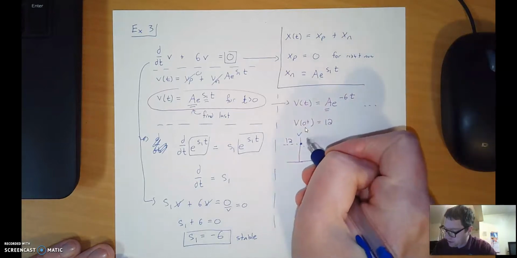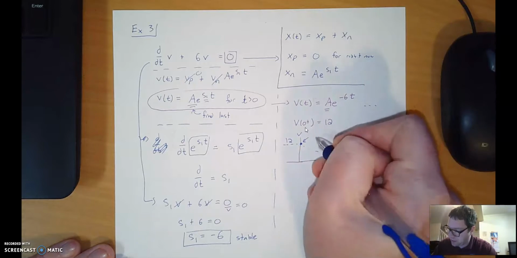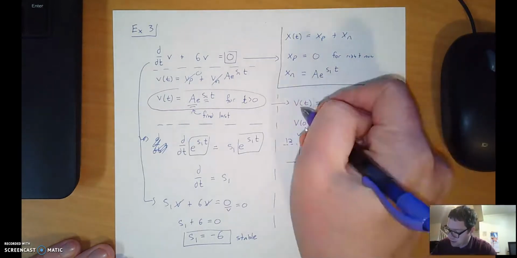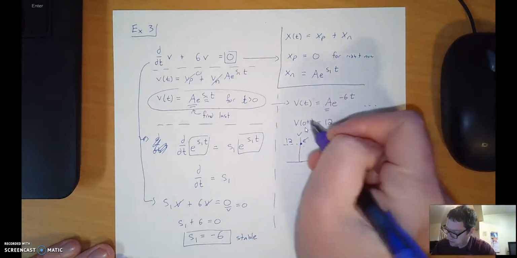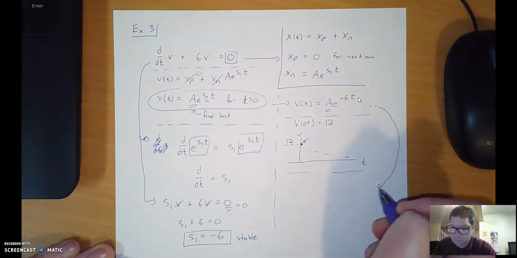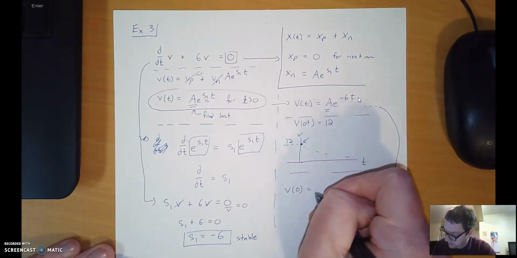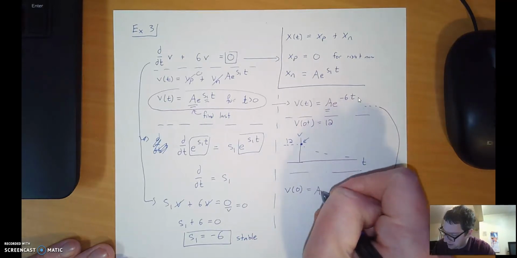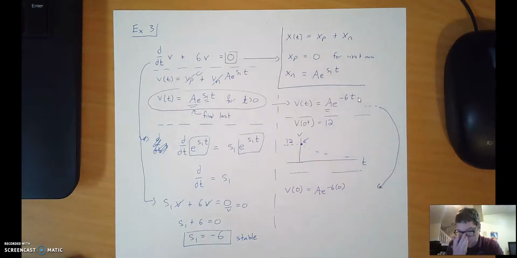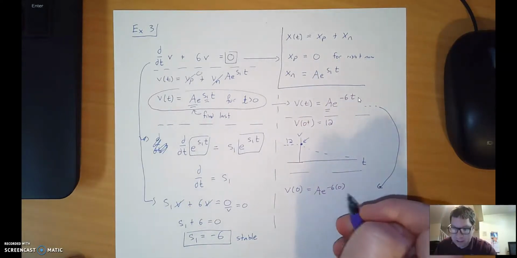So we know its starting point is what this means. V of 0+ is 12, so we know that it starts at 12. We can take our equation up here, bring it down here, and set t equal to 0. So V of 0 is equal to a e^(negative 6 times 0). e to the 0 is not 0, it's 1.